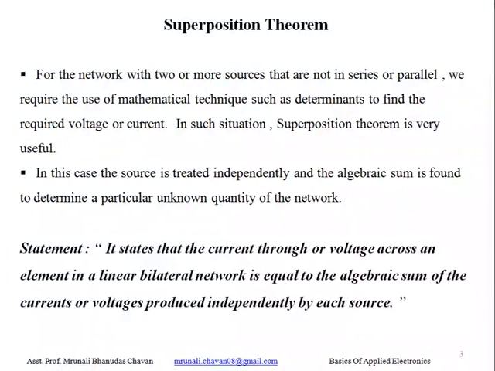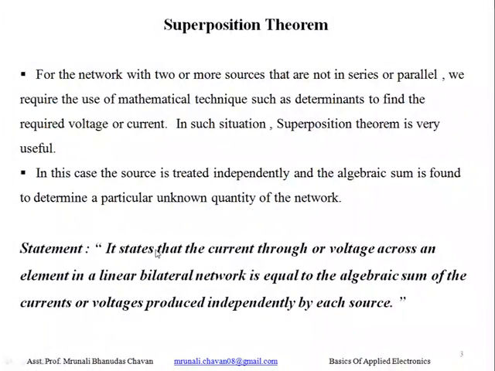But if there are two or more voltage sources, then we can't apply only KVL to these circuits. And in such circuits, we have to use some mathematical techniques, and these mathematical techniques are combined in the superposition theorem. In this case, the source is treated independently and the algebraic sum is found to determine a particular unknown quantity of the network.